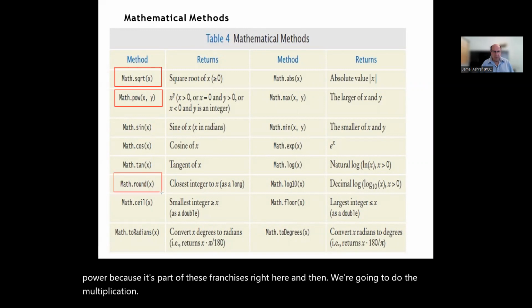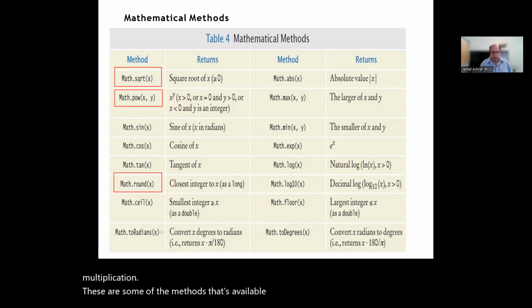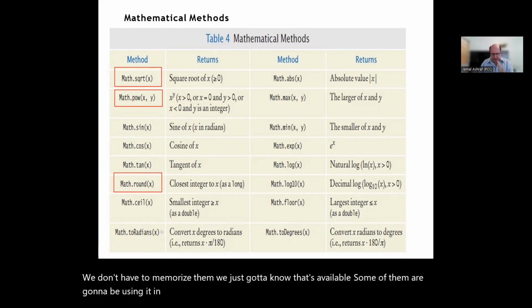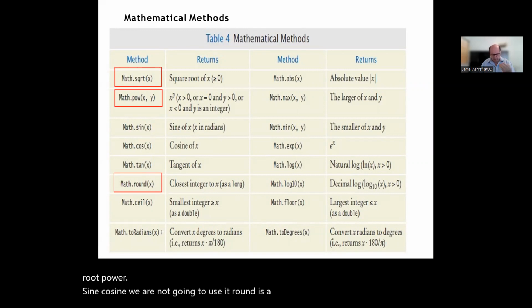Round is a very good one to use. The round method is going to take your number and look at the decimal point. If it's a 5 and above, it's going to change it to the higher number. If it's less than that, it's going to change it to the lower number.